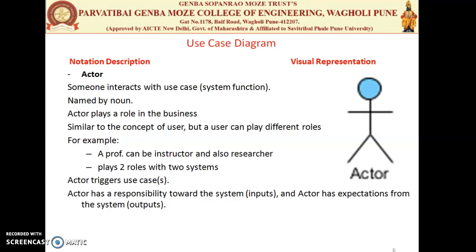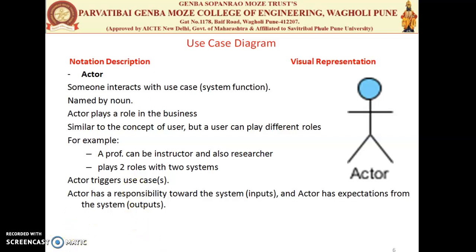Both are actors, and creating your library account, issuing the books, and returning the books may be the use cases, meaning the functionalities which are triggered by these two actors. The first actor is your librarian and the second actor is your user or the student.